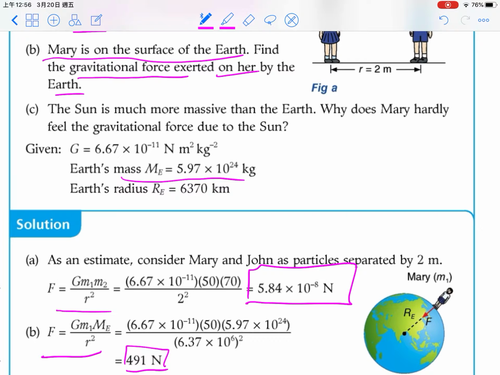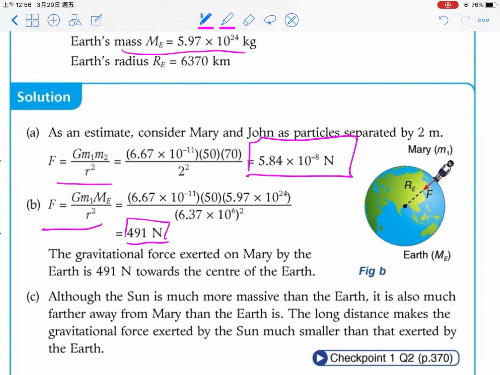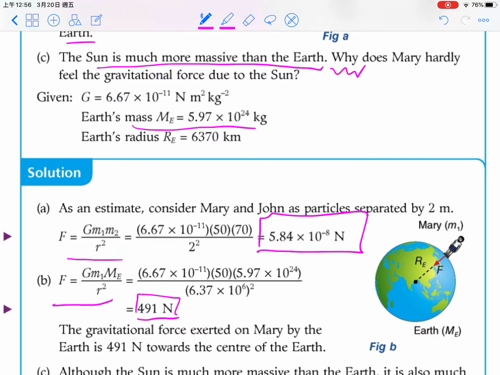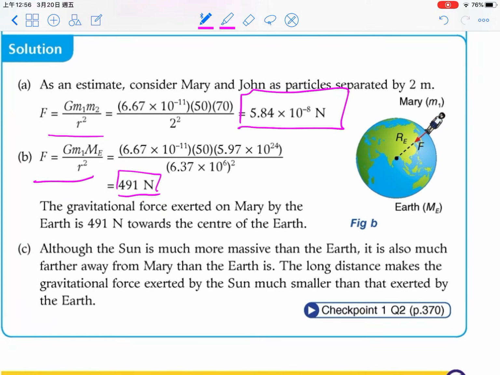And part C, the Sun is much more massive than the Earth. Do you think we will have a larger gravitational force acting on Mary? The answer is no. Why does Mary hardly feel the gravitational force due to the Sun? The distance between the Sun and Mary is very large.